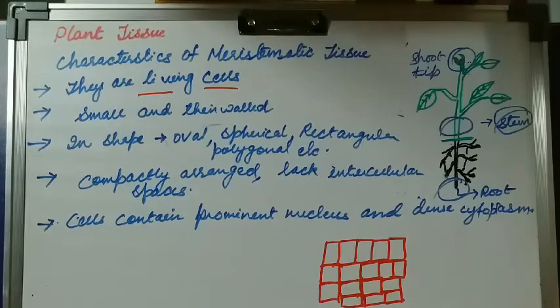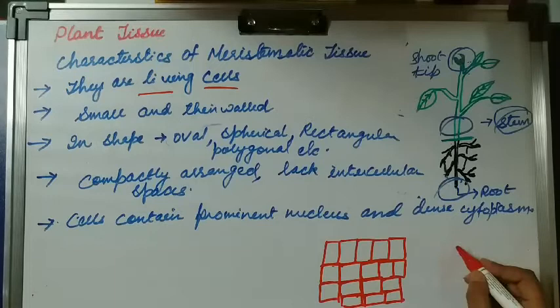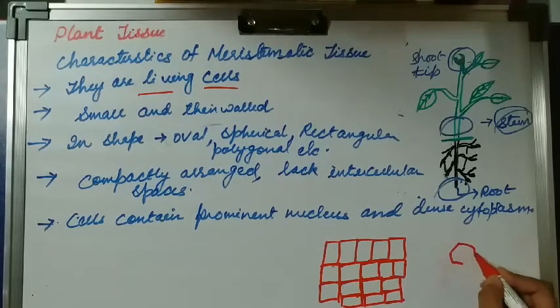They are tightly arranged. You cannot see any intercellular spaces. So what is this intercellular space? Suppose they are forming a polygonal shape, and when they are arranged here, they form something like this.